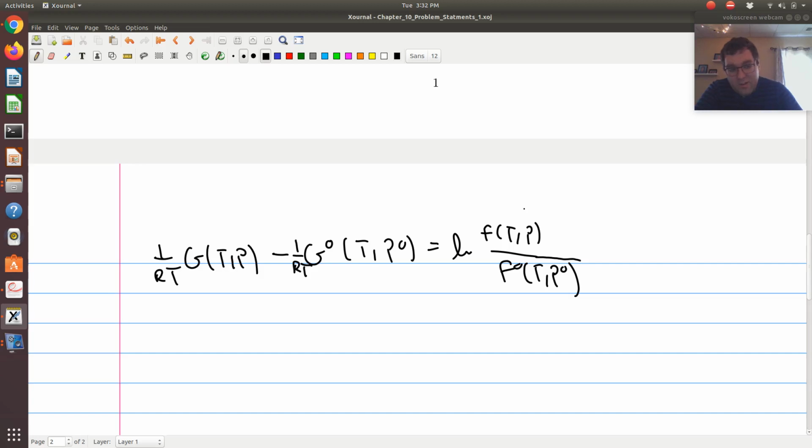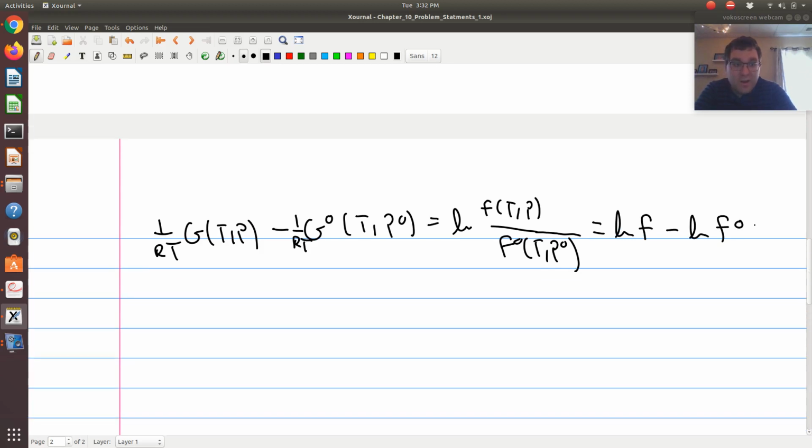Well, we don't even need to play with our log rules to get this differential, but let's do it anyway. That would be equal to, using log rules, log f minus log f naught, dropping the functional dependencies just so I don't get cut off.